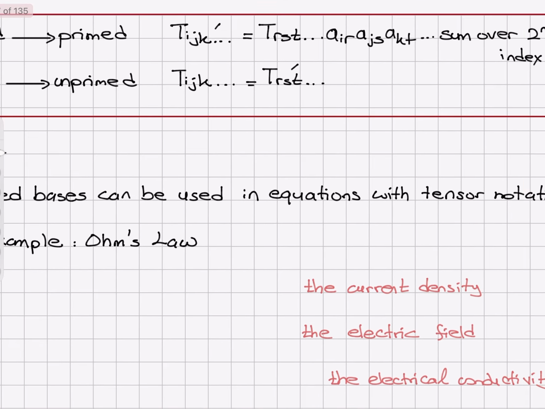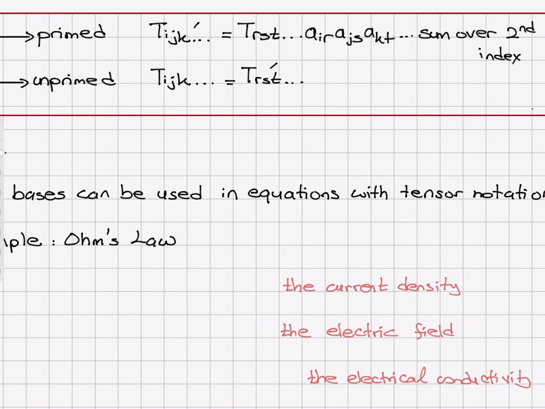If I go from the primed to unprimed coordinate system, then I have A_ri, A_sj, A_tk, etc., which is a sum over the first index of the transformation matrix.